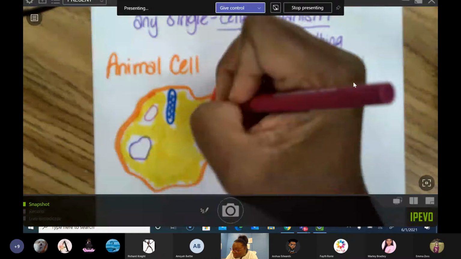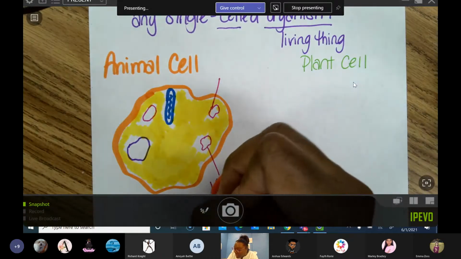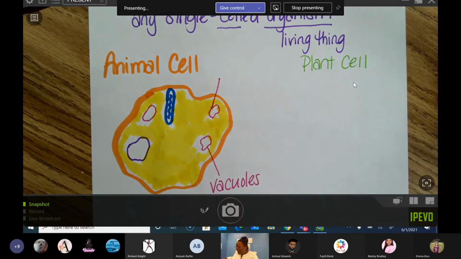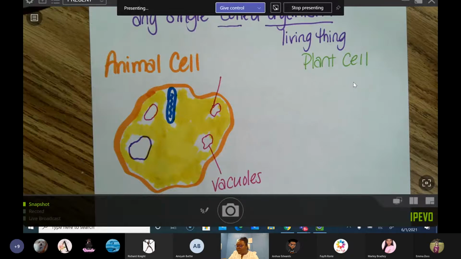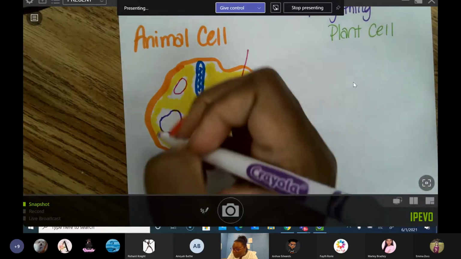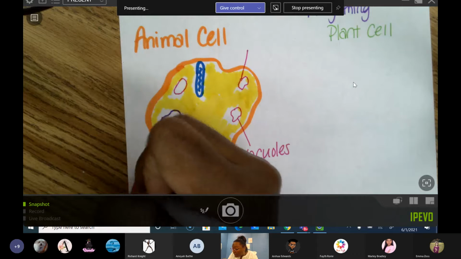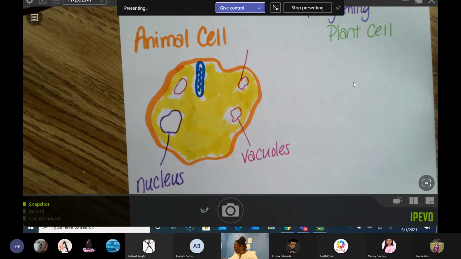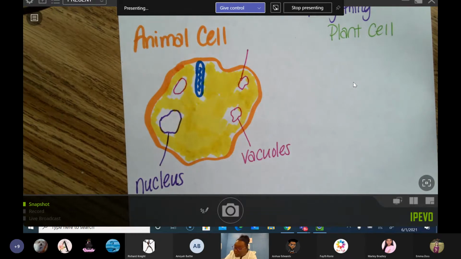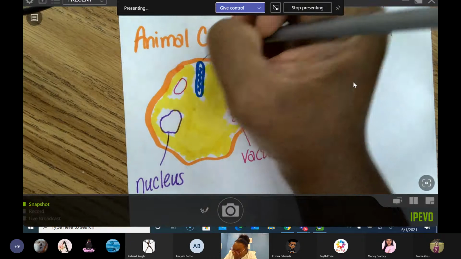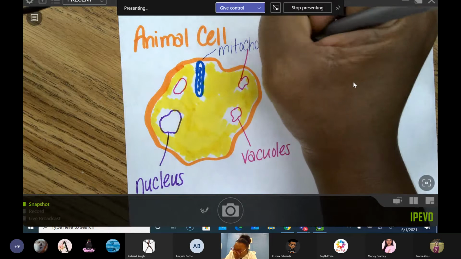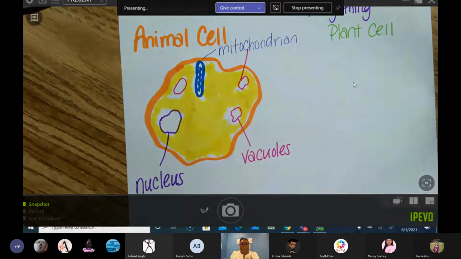These pink structures here are known as vacuoles. Okay, we'll talk about what a vacuole is in a minute. The purple structure here is our nucleus. And the blue structure here is something called our mitochondrion. Be sure to spell these words correctly, just as Miss Neville is.